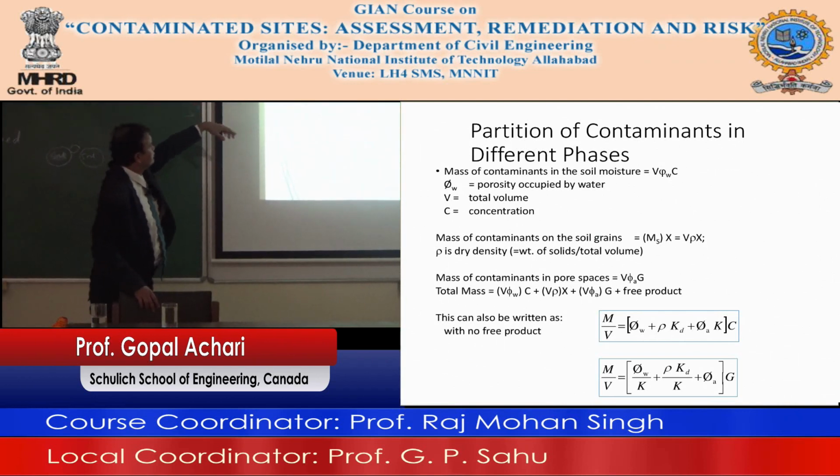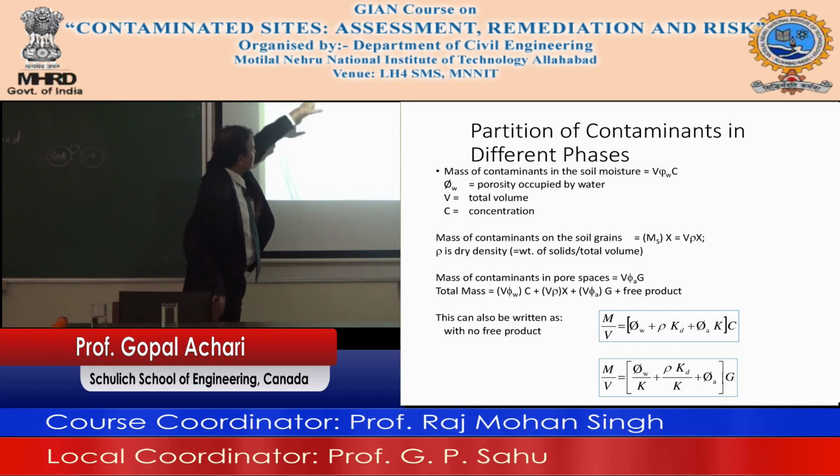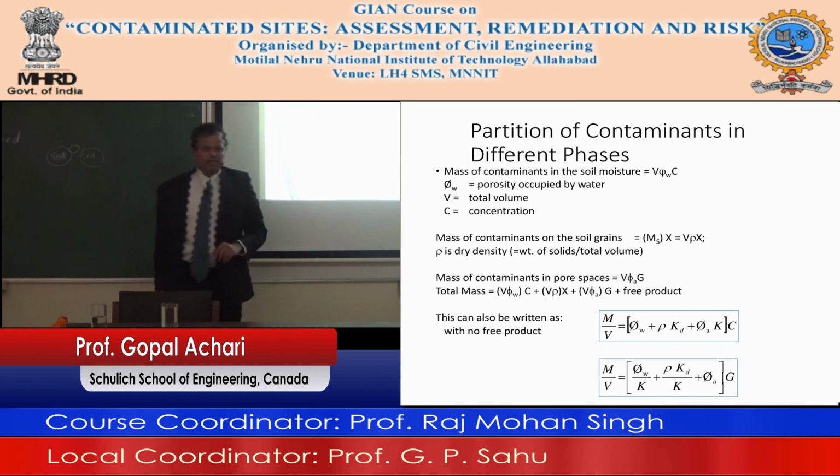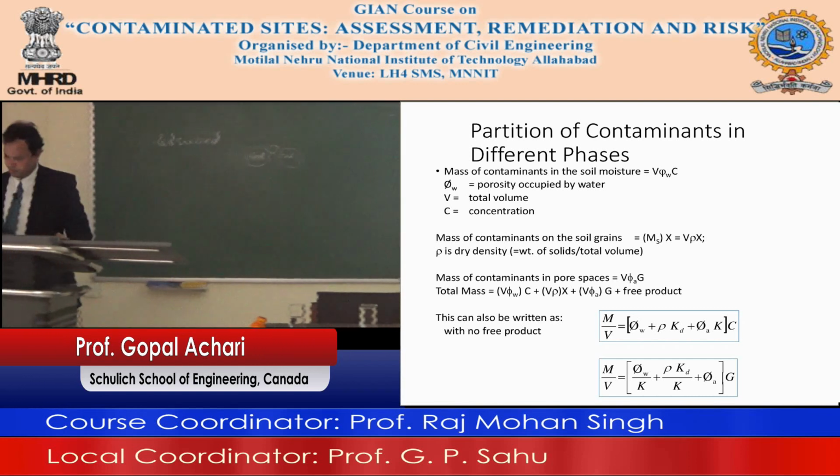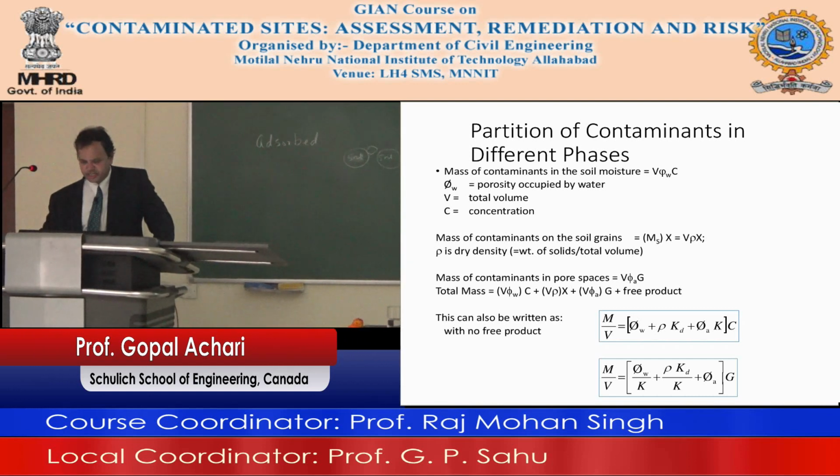Partitioning of contaminants in different phases: mass of contaminant in soil moisture is V times moisture content, porosity held by water, times C. Mass of contaminants in the soil grains is MS times X. You add the mass of contaminant in the soil moisture, in the soil grains, and in the pore spaces. You add all of them together, and now you can come up with this.